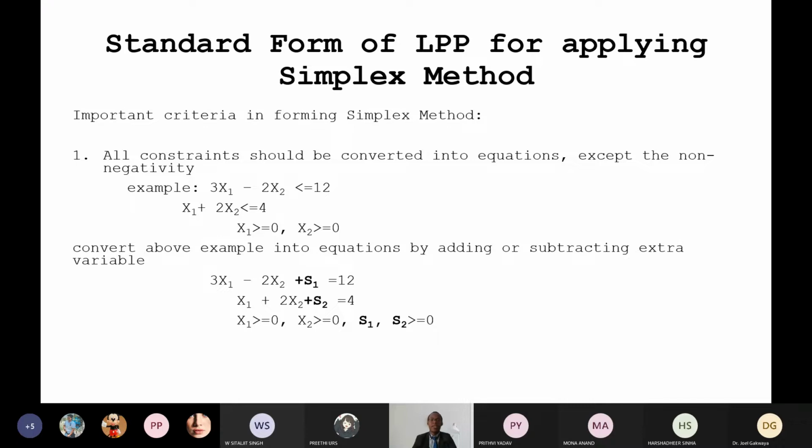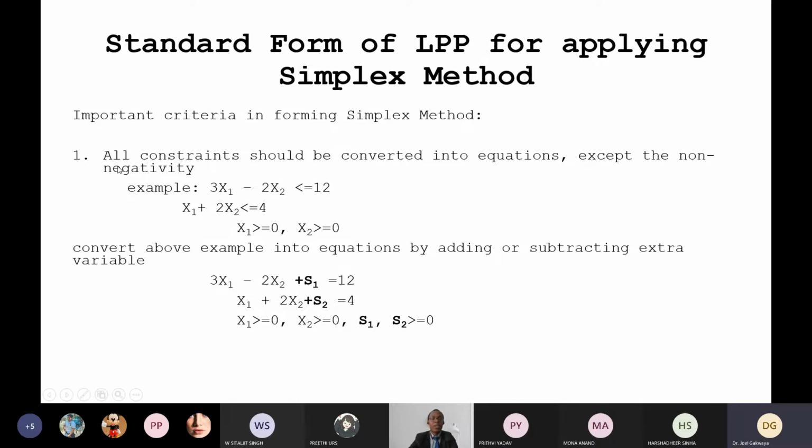You can take note of important points, but to me, all things are important in this presentation which you see in front of you. These are the criteria which we are going to use to form the LPP.